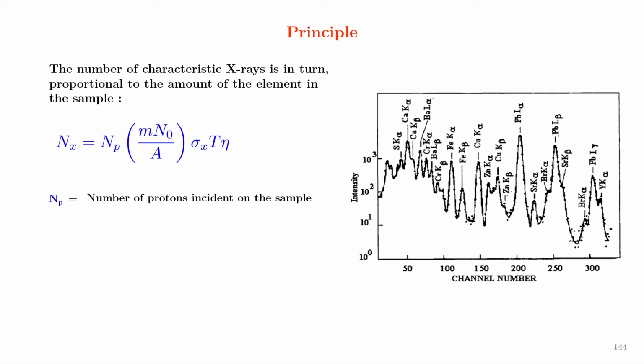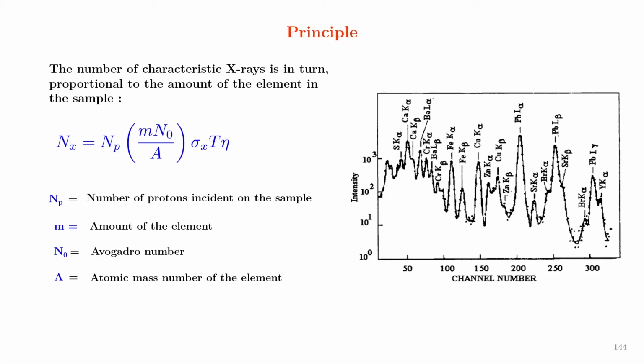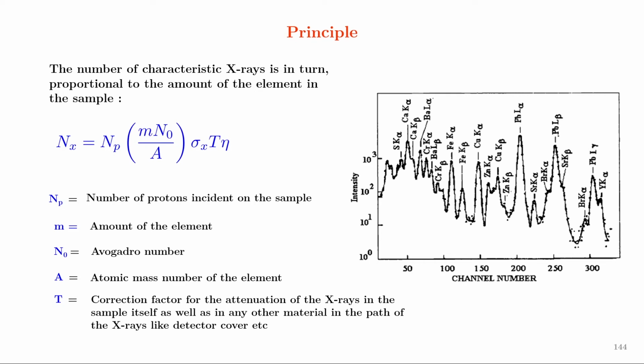Here Np is the number of protons incident on the sample, m is the amount of the element, n0 the Avogadro number, A the atomic mass number of the element, and T is a correction factor for the attenuation of the X-rays in the sample itself, as well as in any other material in the path of the X-rays like the detector cover, etc. Finally, η gives the detector efficiency.